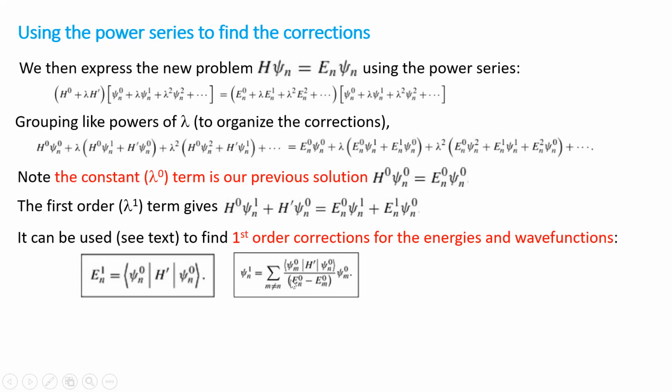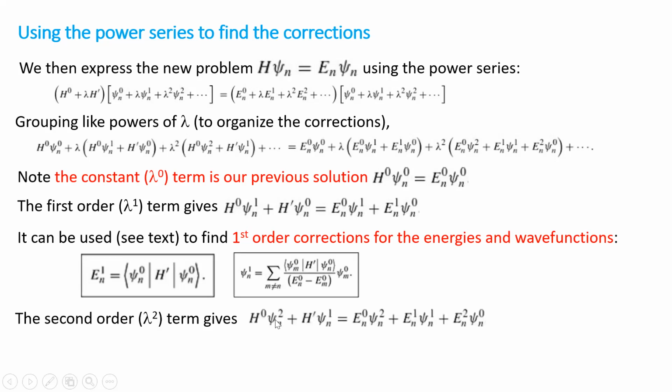Okay, so it's a sum over this matrix element over the difference in energies, weighted by the, for each m that's being summed here, we multiply that ratio by the unperturbed wave function psi m0. Okay, so the second order term gives, so we look at the coefficients of lambda squared here.